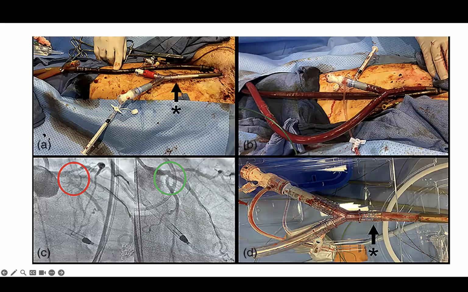What do you use this for every day? It's a TUI, right? Thinking as an interventionalist, this is actually pretty neat because they created a TUI using a dry seal, and then through this, on support, did the PCI.